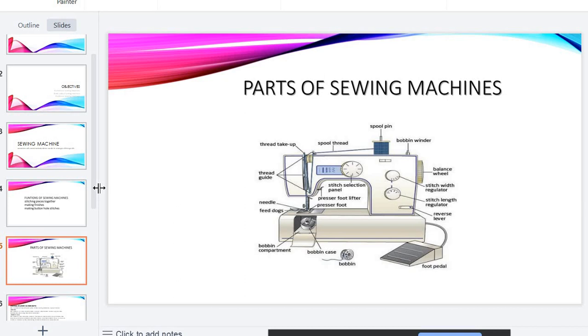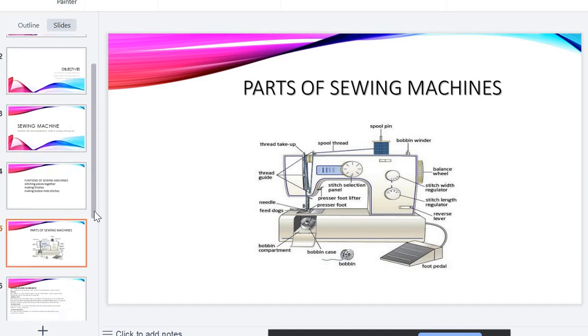What is the function of a balance wheel? It is used to start and to stop a machine. Yes, can another person just name one more? Spool pin. Yes, what is this used for? It is used to hold a machine thread. Yes, as you are threading.